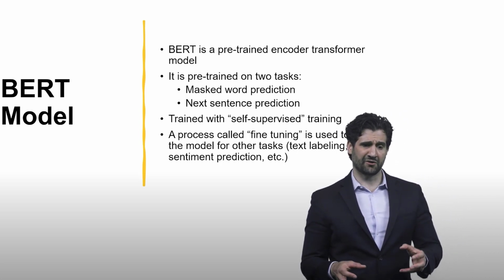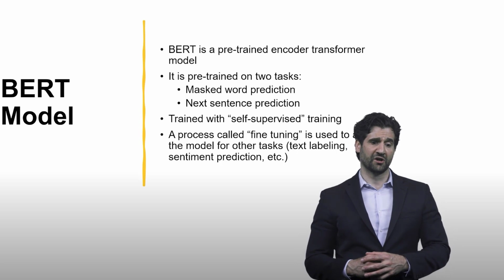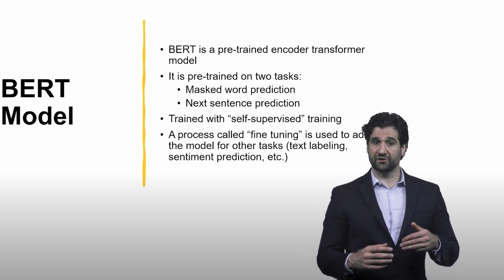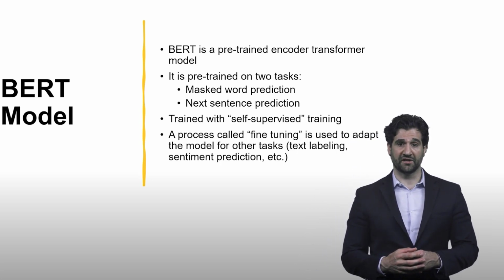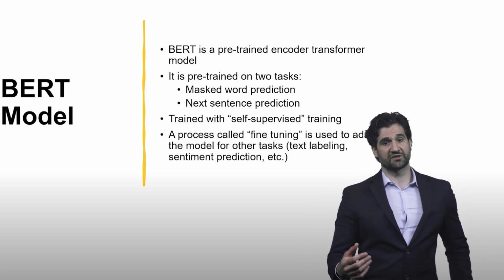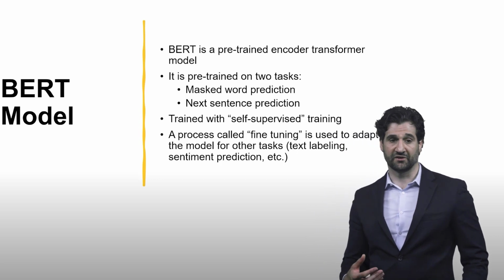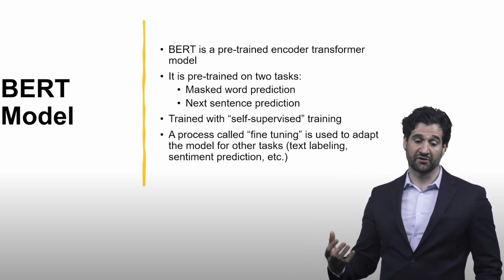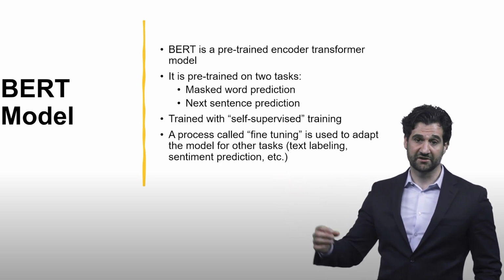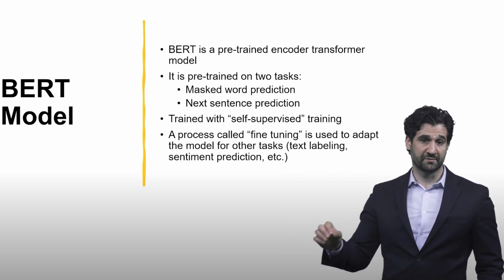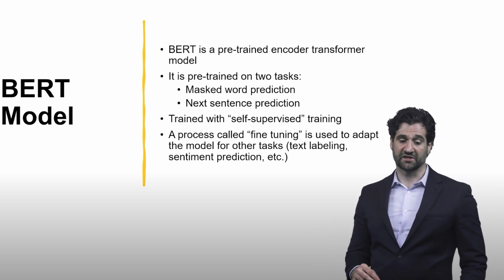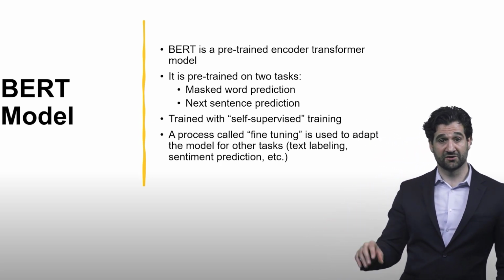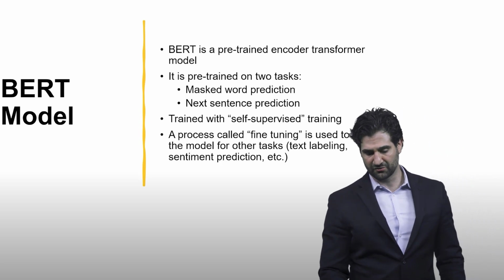So it's a big model, but it's small enough where you can still download it and use it yourself. Now, what you want to do is what's called fine-tuning, which is adapting this model for other tasks by doing things like integrating it in a larger architecture, adding additional layers, and so forth, usually a bunch of dense layers on top of that for a specific classification task. And the BERT models and its later variants have shown to be very effective when used in this way.